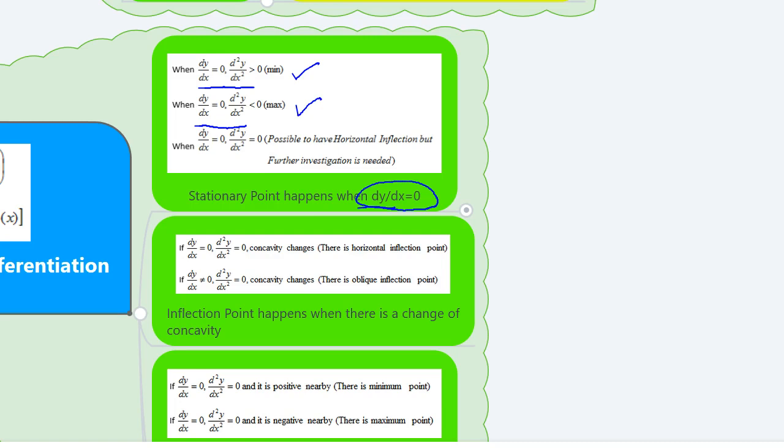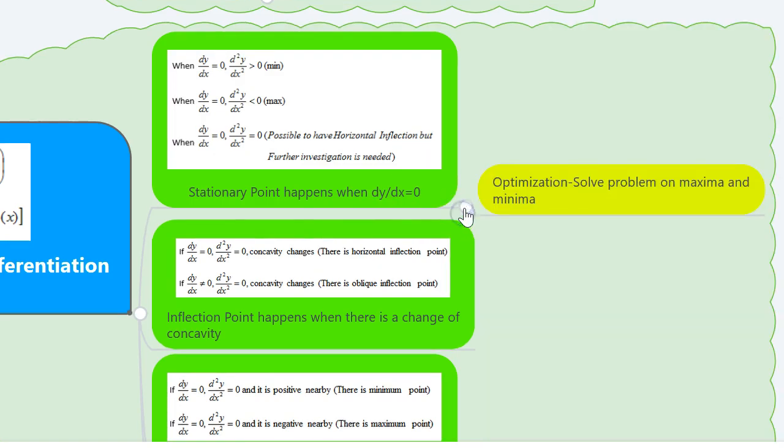If both first and second derivative equal 0, then it is possible to have a horizontal inflection point, but further investigation is needed. Under the concept of stationary point, we learn how to solve optimization problems, that is, problems on maxima and minima.